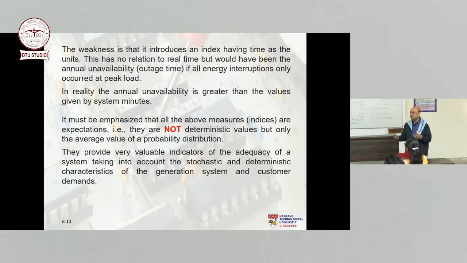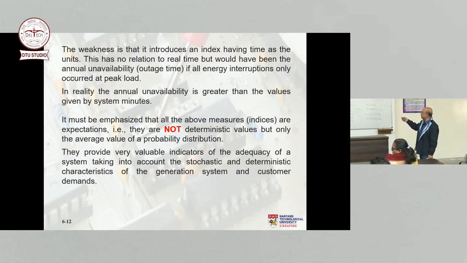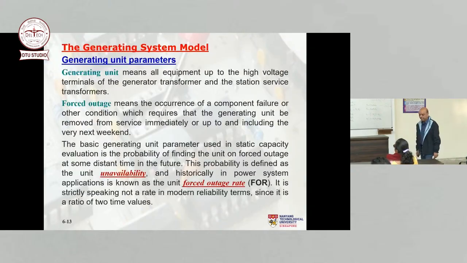And of course, when they are expectations, they are described by a probability distribution. That's why yesterday we studied the exponential and normal distributions, so that we can relate to, okay, this is the mean of that distribution, but this is not everything, right? So they provide valuable indicators of the performance of the system, taking into account stochastic characteristics and even deterministic characteristics of the generation system and the customer load demand.